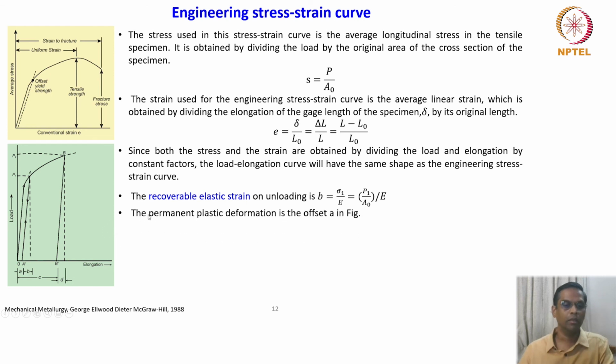The permanent plastic deformation is offset A, which is shown in the figure. So A is the permanent plastic deformation, and B is the recoverable elastic strain.